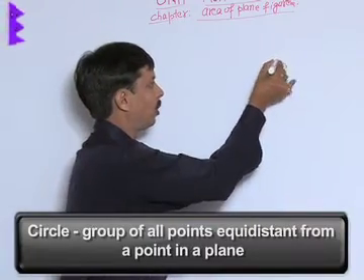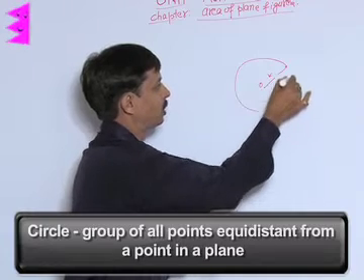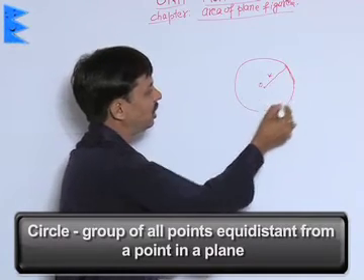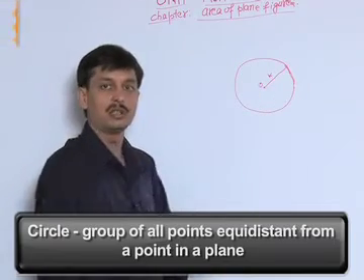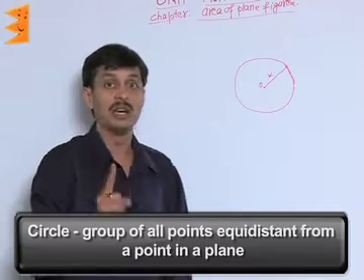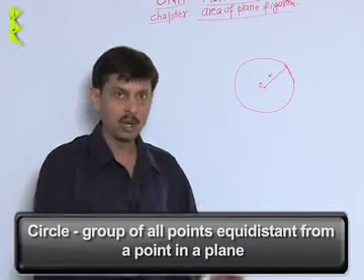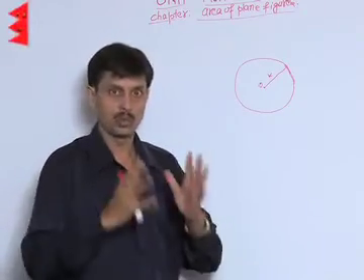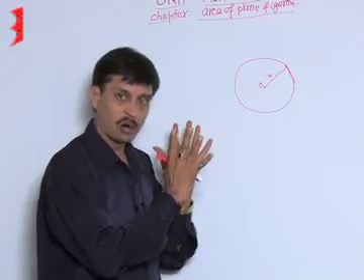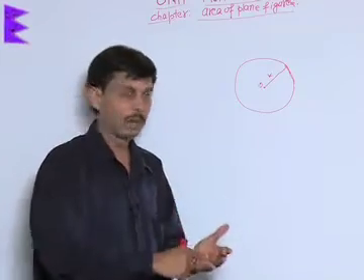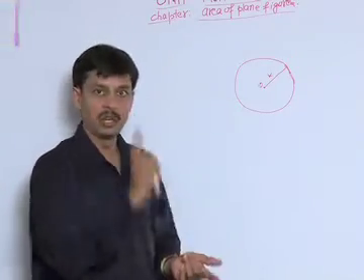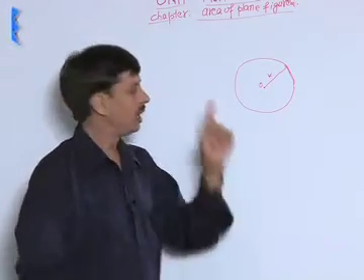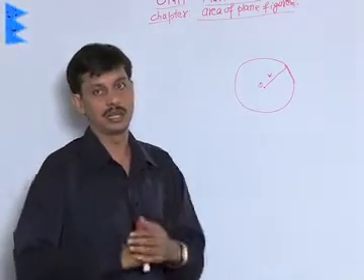The set of all such points, the locus of a point which remains at equal distance from a fixed point, is known as the circle in a plane. If I remove this word plane, this is the definition of a sphere.